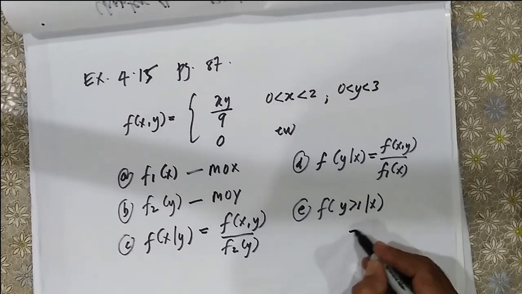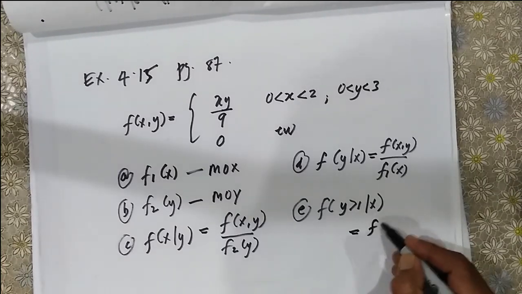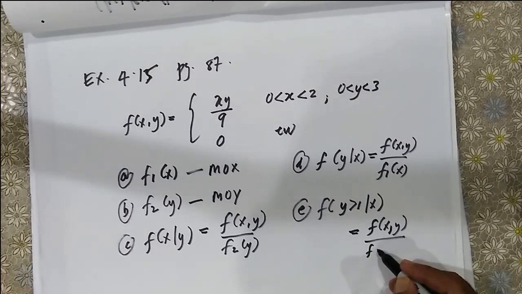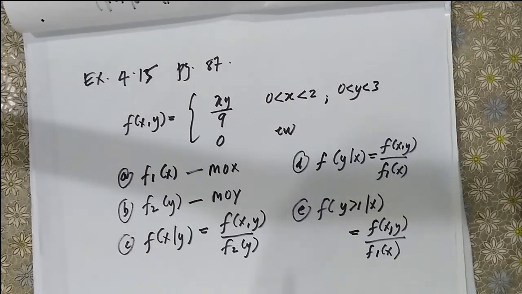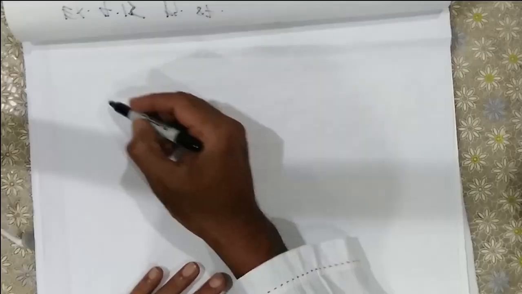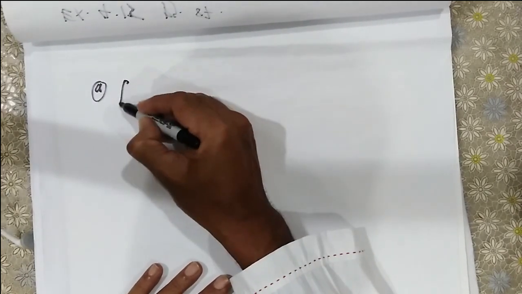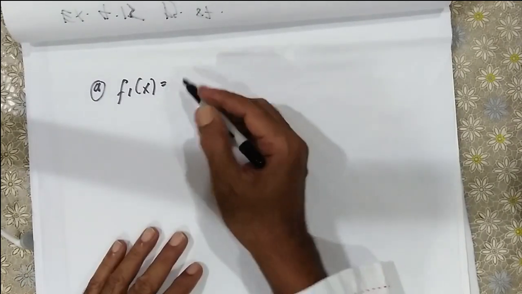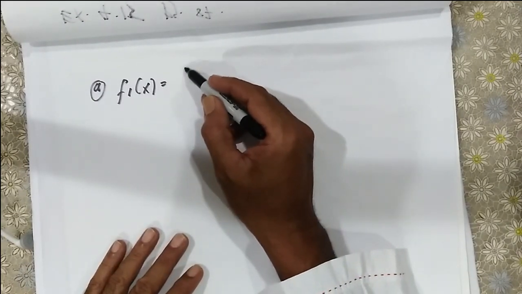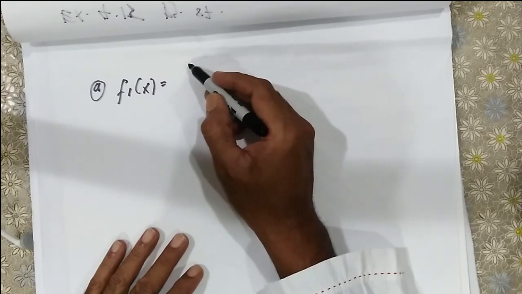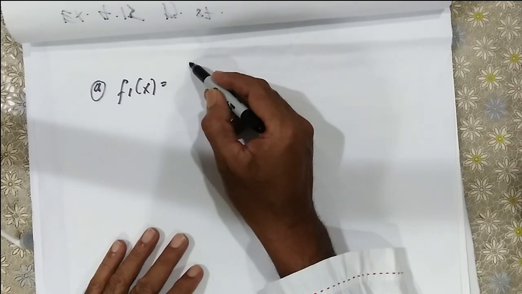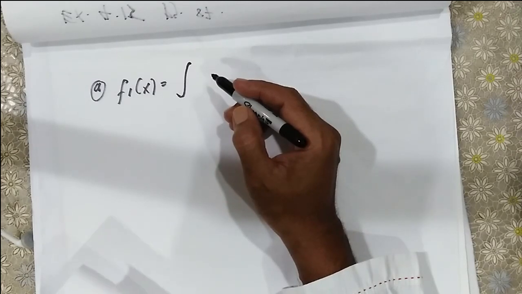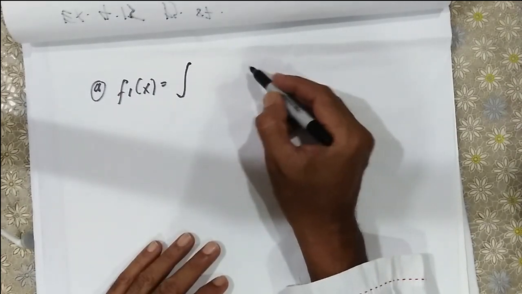So this is equal to f(x,y) divided by f sub 1 x. Okay, f sub 1 x: for the continuous case, we integrate with respect to y.